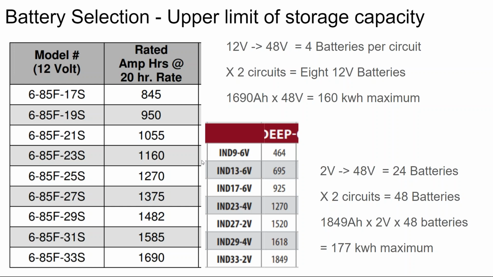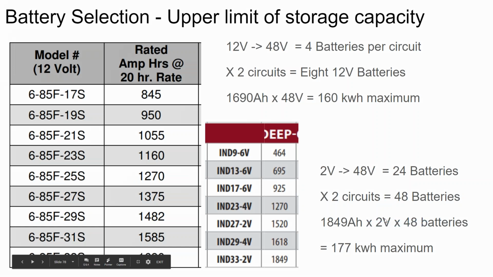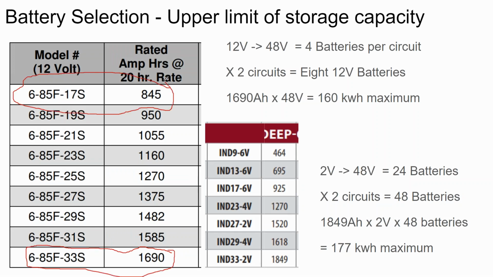So sometimes you want to take a look at that weight and say, okay, if I know I'm going to have 2 circuits because I'm over 80 kilowatt hours, then I don't need the big heavy one. Maybe I can get the smaller one that's going to be a little bit easier to handle.